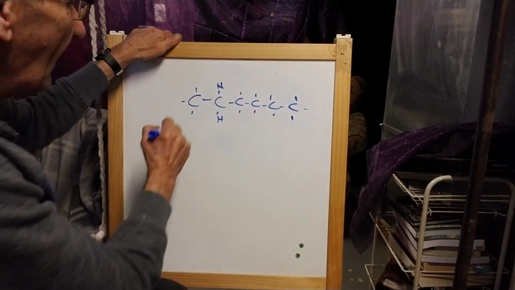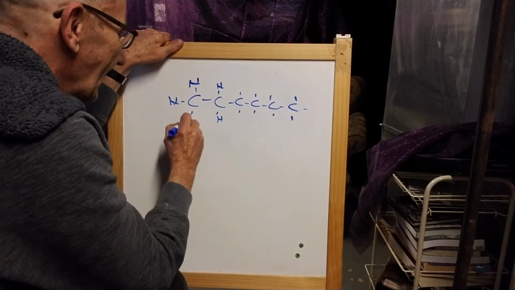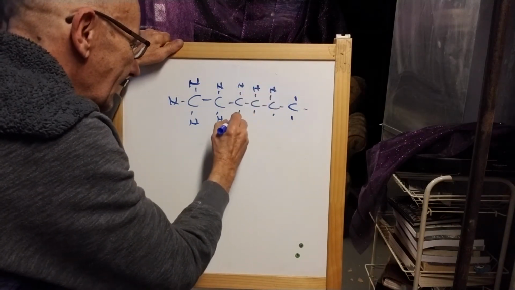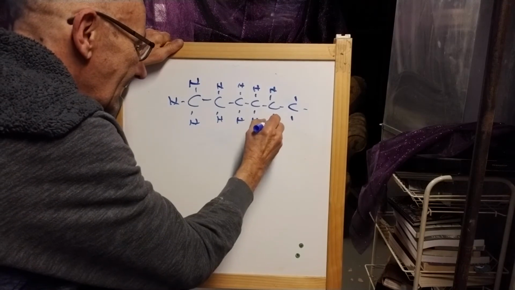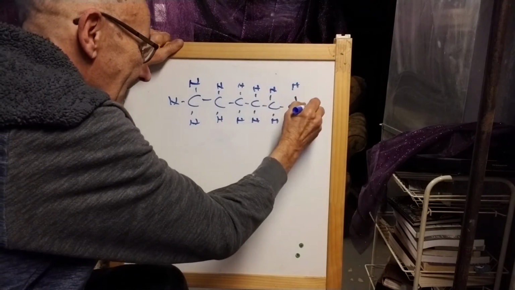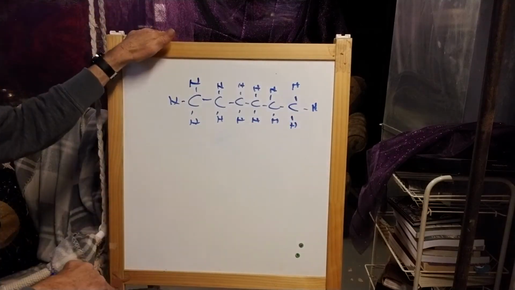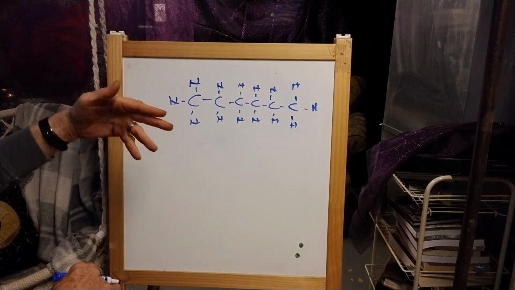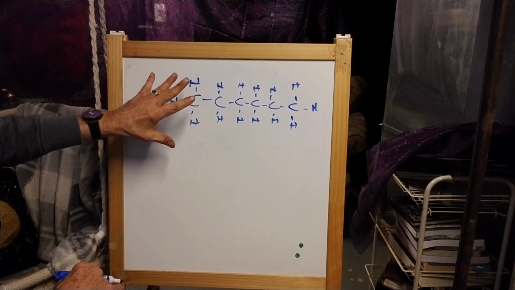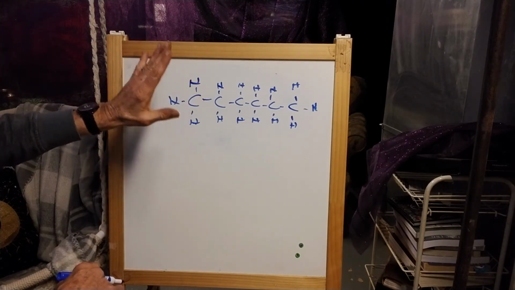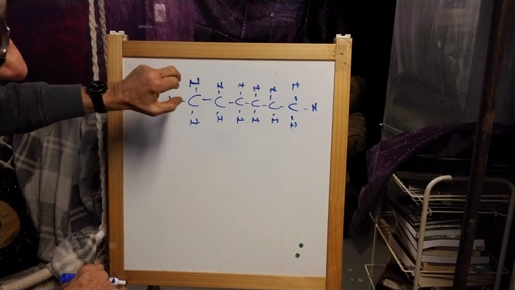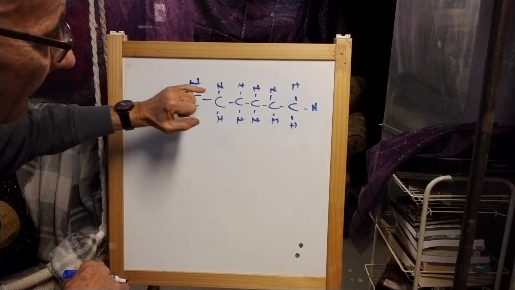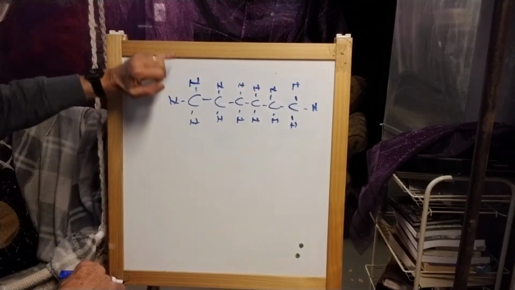I'm going to draw them in anyway. This is a saturated hydrocarbon. Granted, it's not saturated fats, but the concept is the same. We'll get into that later. But saturated means there's no double bonds or triple bonds, and we have the maximum amount of hydrogens.